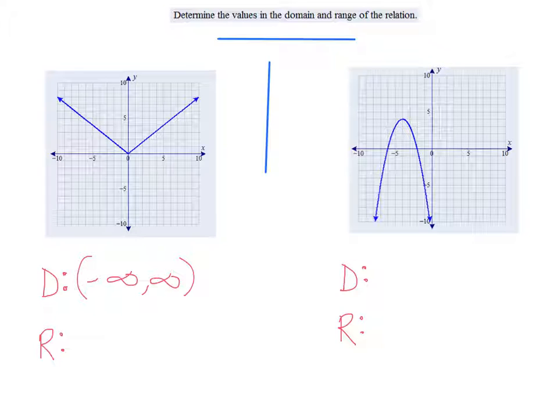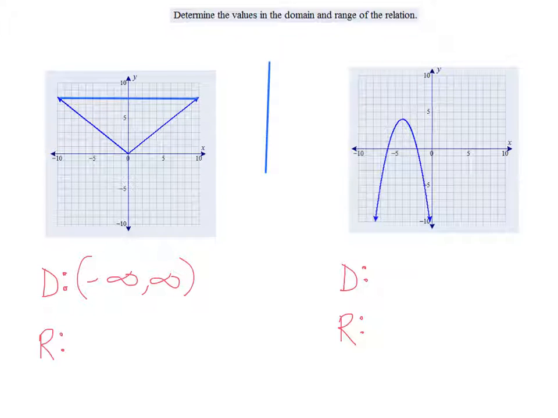Okay, now your range on this one is your possible y values. So you're looking at how low it gets and how high it gets. I come over here and ask, what's the lowest this graph ever gets? Well, actually this one is going to stop. Right there is the lowest that graph will be, and that y value is 0. So the lowest my graph gets is 0. Then I move up and look at how high it's going to be.